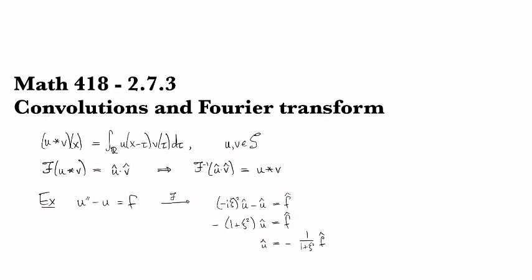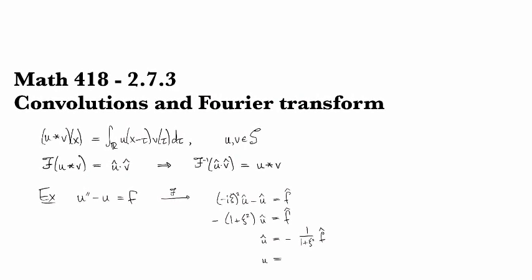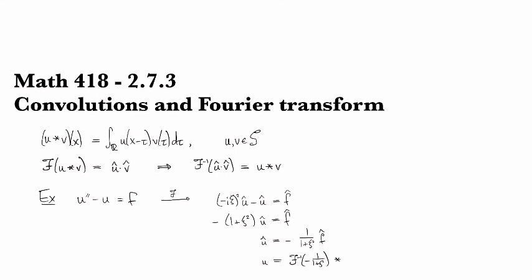And so now we've got a pointwise product of Fourier transforms. And so we know that this is going to pull back as the inverse Fourier transform of this guy, 1 over 1 plus xi squared, convolved with the inverse transform of f hat, which is just f.